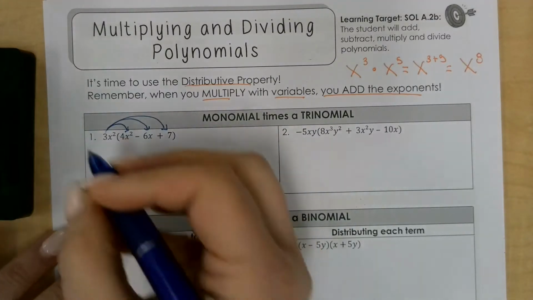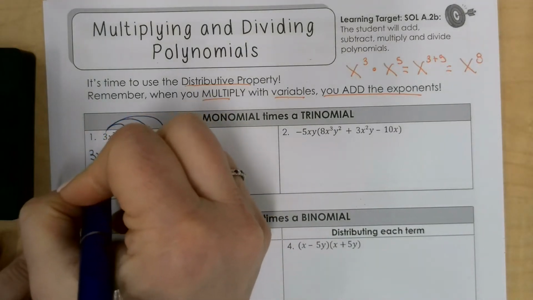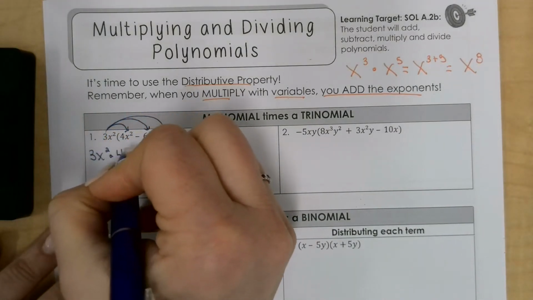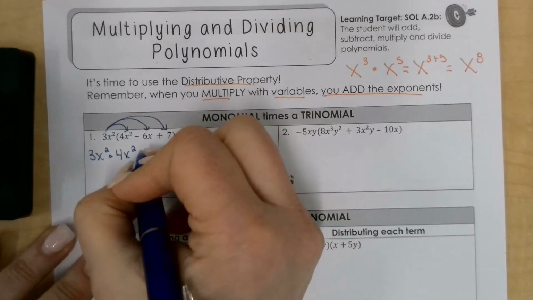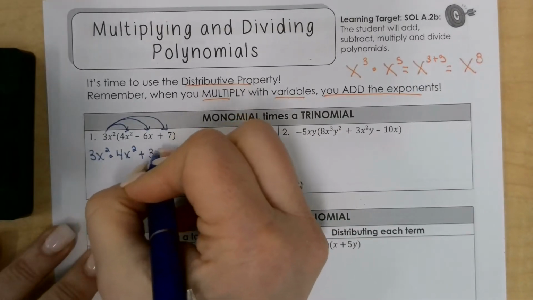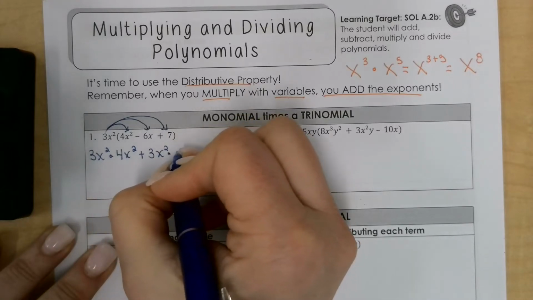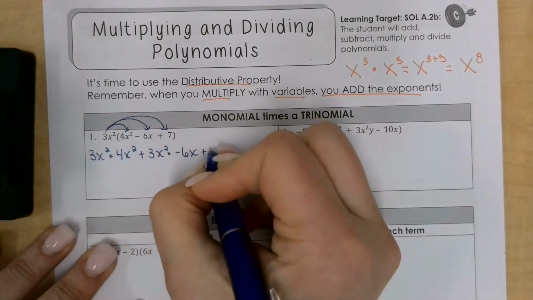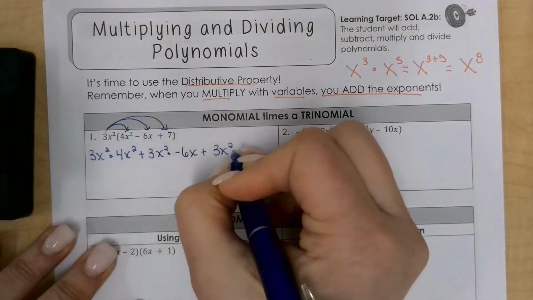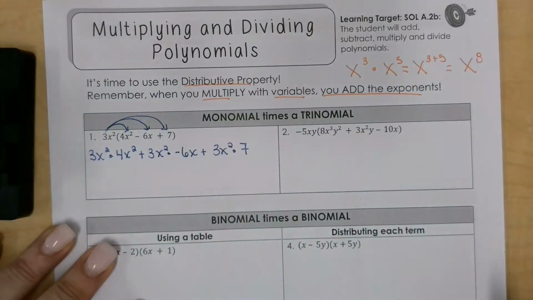So what's really happening is that I've got 3x squared times 4x squared, then I have 3x squared times minus 6x, then I have 3x squared times 7.